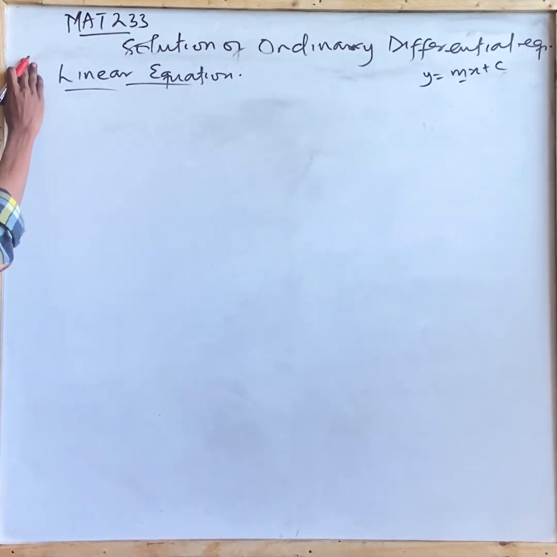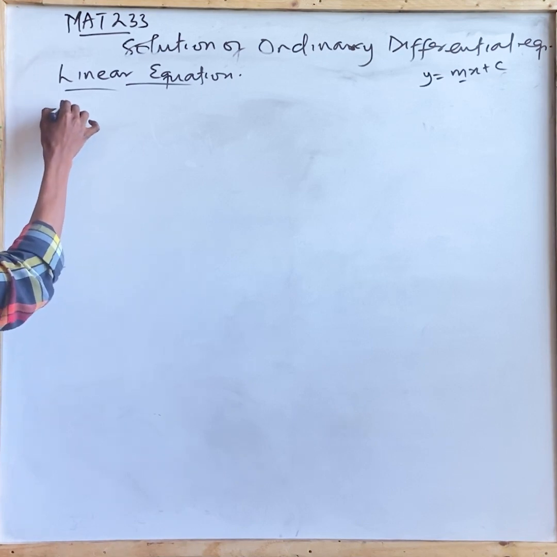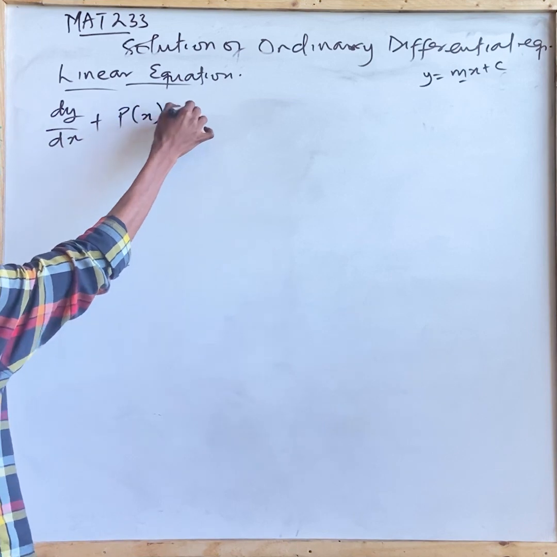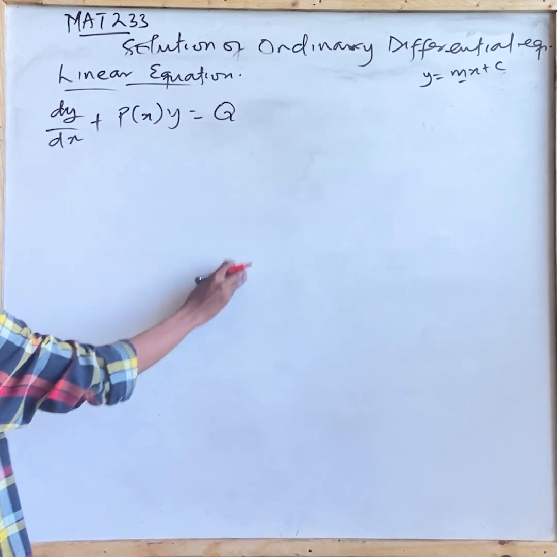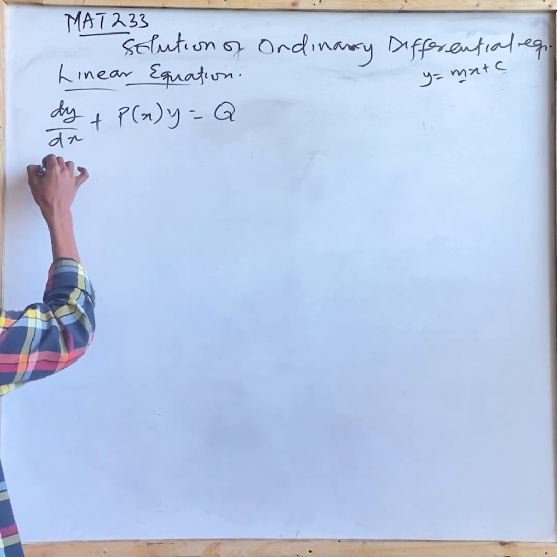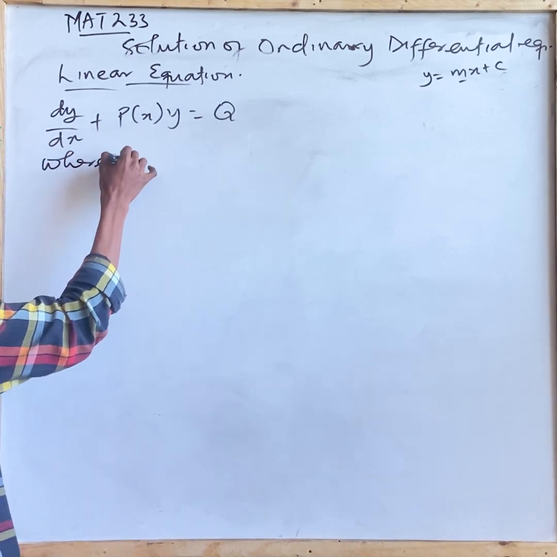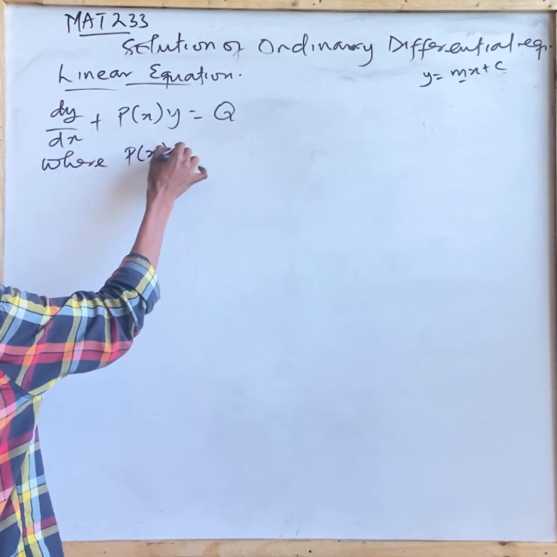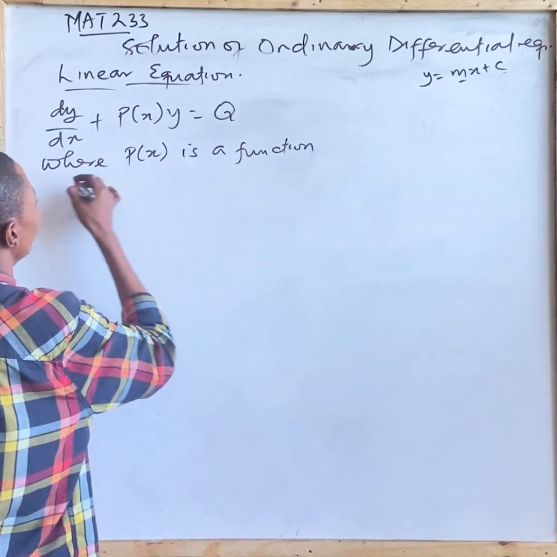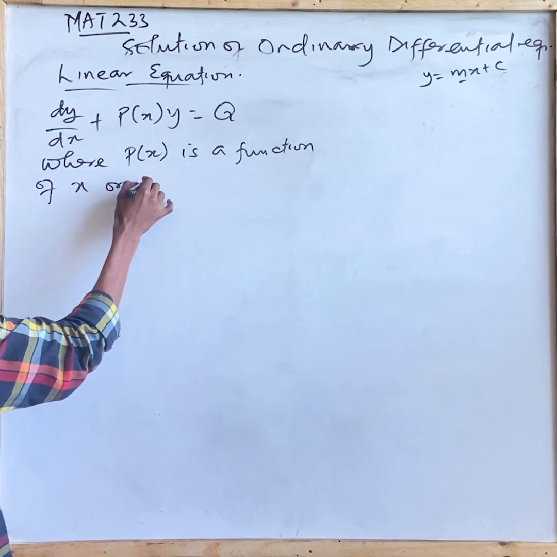So the linear differential equation is in the form dy/dx plus p of x times y equals q, where p is a function of x or a constant.